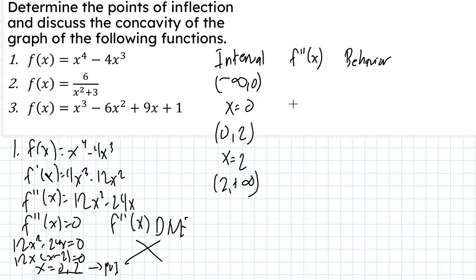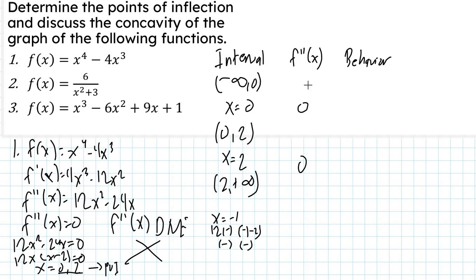So obviously at 0 and 2, the second derivative is 0. So let's just choose a number, for example, negative 1. Let's use the factored form because it's easier to think of the sign in the factored form of the second derivative. At x equals negative 1, 12 times negative 1 is negative. Negative 1 minus 2 is also negative. And negative times negative, that's actually positive.